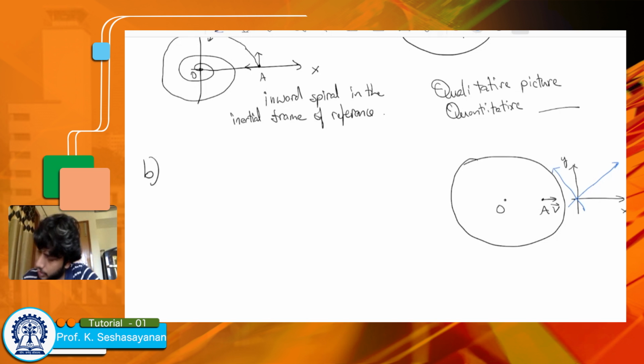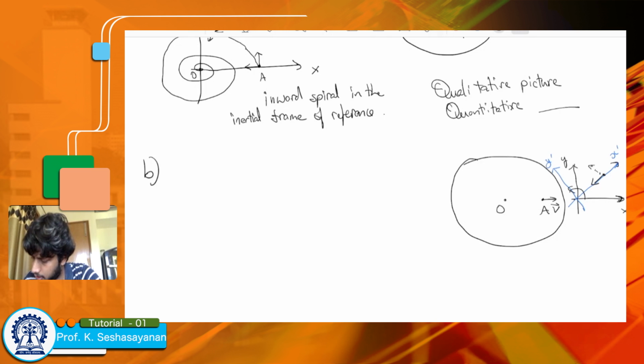Let's say x prime and y prime are the axes for the non-inertial frame. At any given point, the ant is moving away from the center, but it also has a tangential velocity because it's rotating, which is seen from the inertial frame, whereas in the non-inertial frame, since the frame itself is rotating, the tangential velocity is not seen.